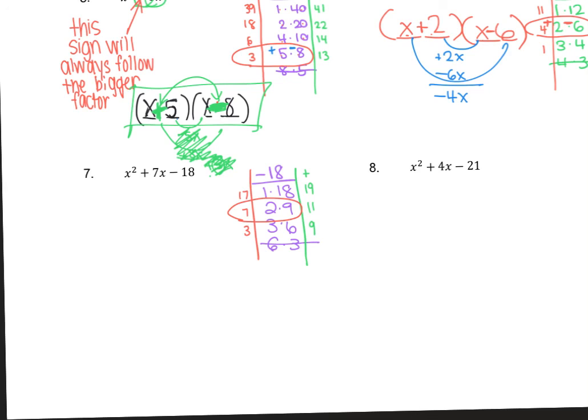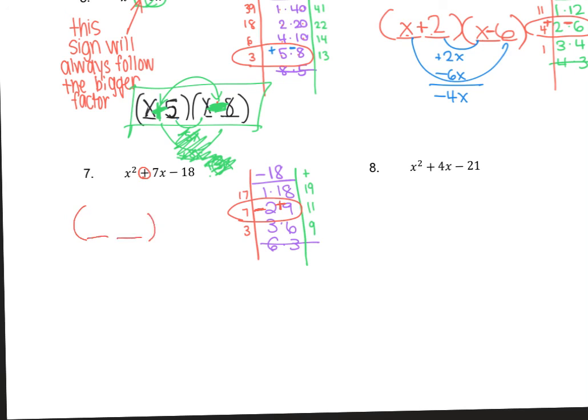And we have a positive 7. So our sign will always follow our bigger factor. So our positive needs to be attached to our bigger factor. Our bigger factor is 9, which makes our 9 positive and our 2 negative.